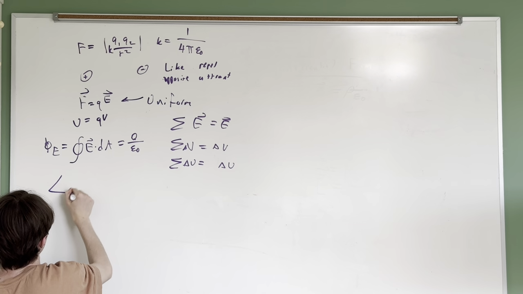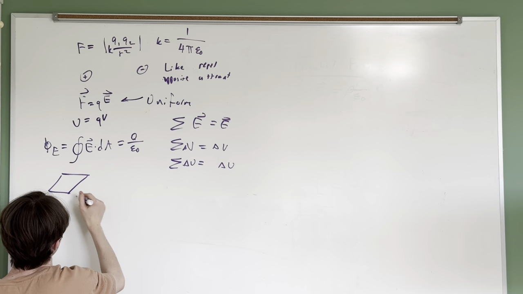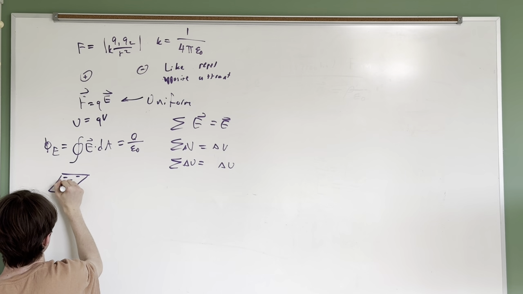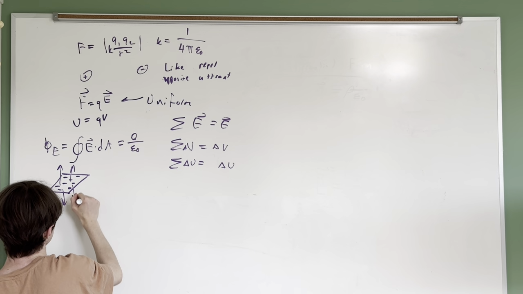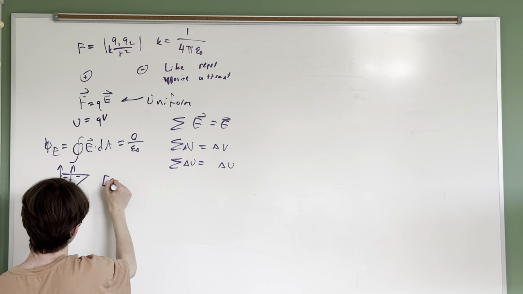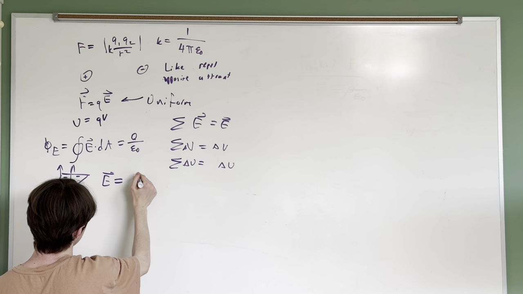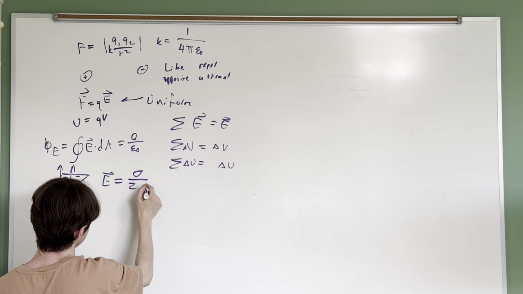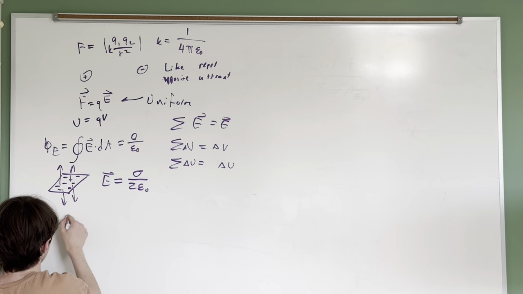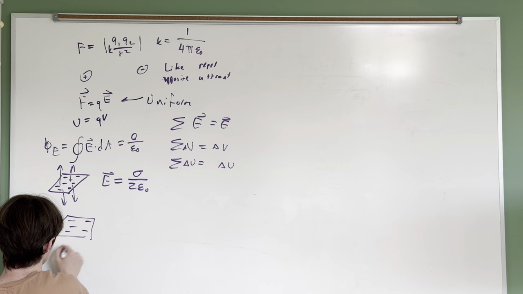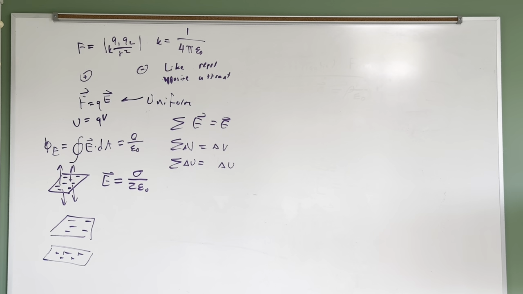And we have a plate. We know that for a single plate, it's uniform on the top and bottom, and the electric field is equal to the charge density over 2 epsilon naught. For a capacitor, it's not actually on the equation sheet. Sort of is. Kind of is.